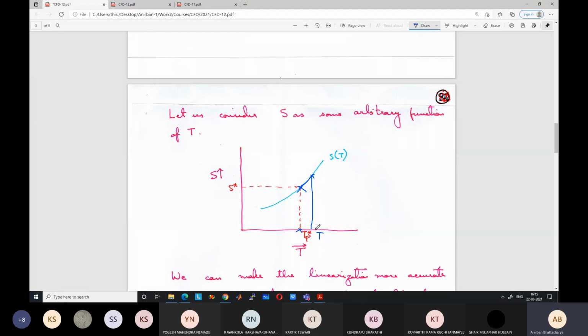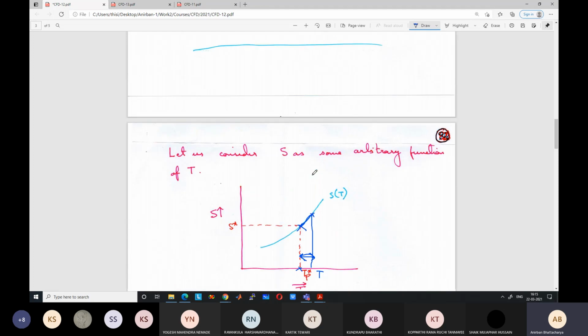Based on the slope of the line and the distance between these 2 points, my diagram is very inaccurate, I'm trying to draw an arrow, we will be able to predict where the line intersects this. So our calculation of source term will be more accurate. Actually, we will not be able to hit the correct point.